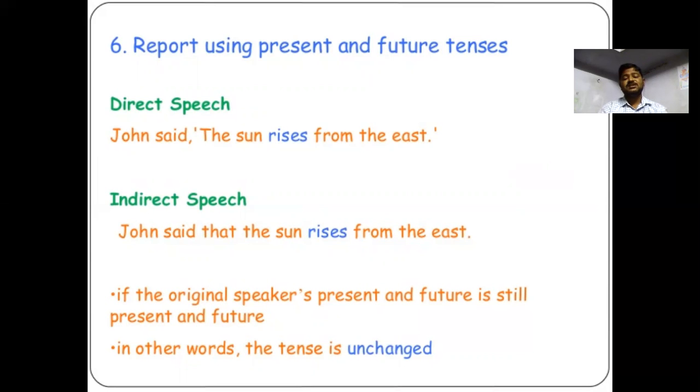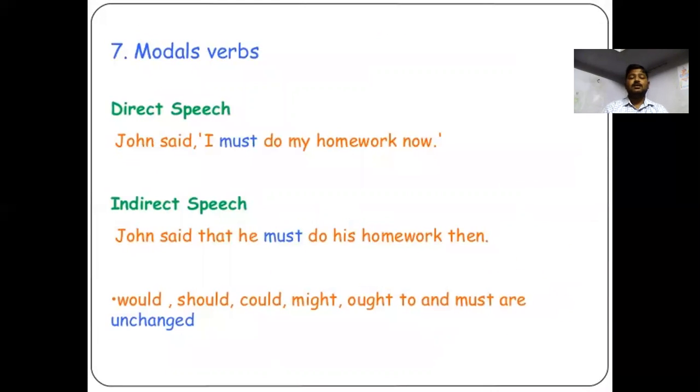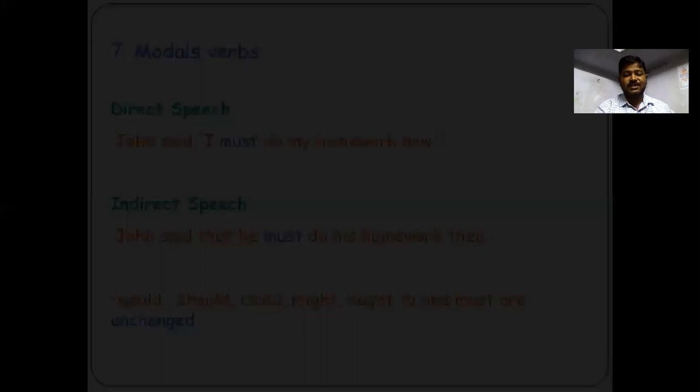Present and future tenses can be kept, and if the reporting verb is in the present or future, the tense cannot be changed. John said, "I must do my homework now." John said that he must do his homework then. Now becomes then. Would, should, could, might, ought to and must are unchanged.